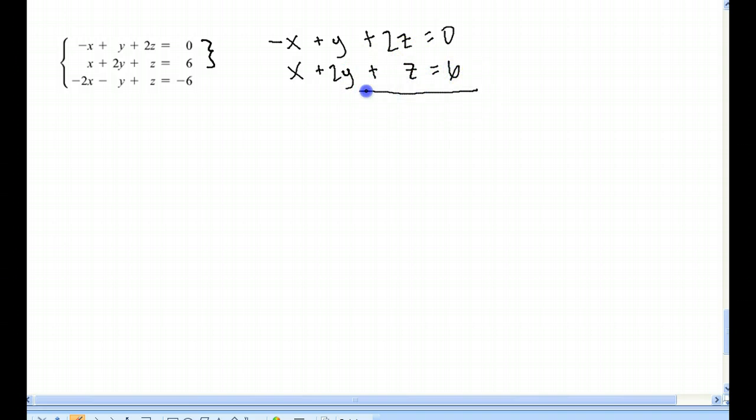If I add those two together, those cancel. 3y plus 3z equals positive 6.